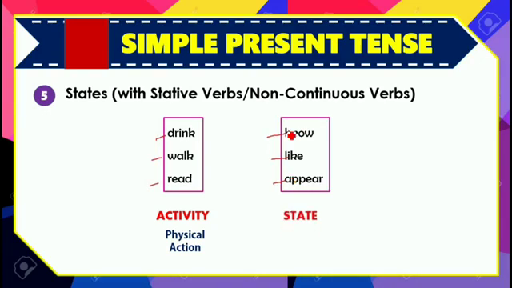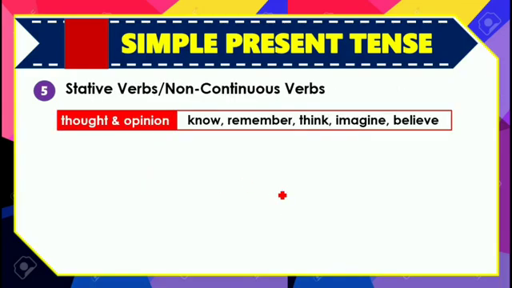This is what we call state. You just simply describe the situation, that he knows something, that he likes it. It describes a condition. It's not really a physical action, but still they are considered verbs, and they are called stative verbs. Stative verbs relate to thoughts and opinions.